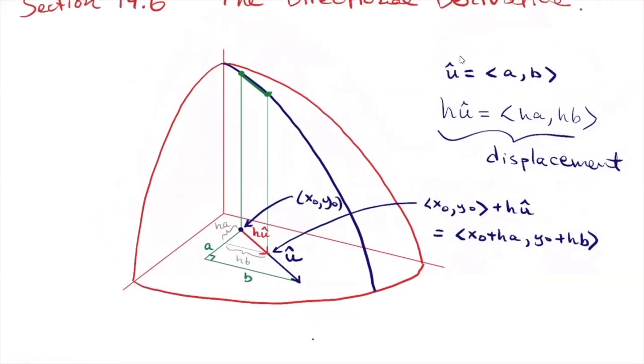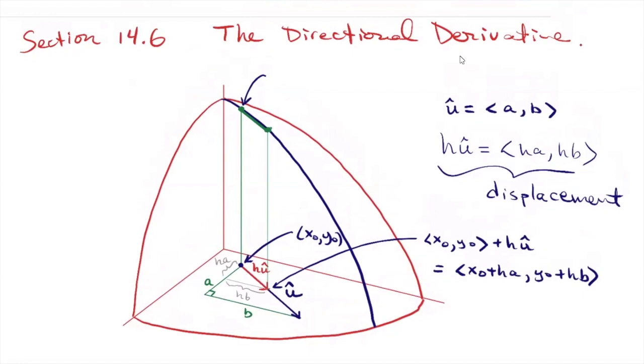Now, these points up here are going to help me determine the change in Z. So on a surface, that's just going to be Z equals F of XY. The starting point, the Z coordinate there, is going to be F of X naught, Y naught. That's just the height at this one point.